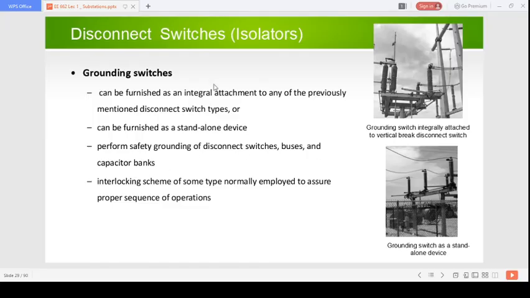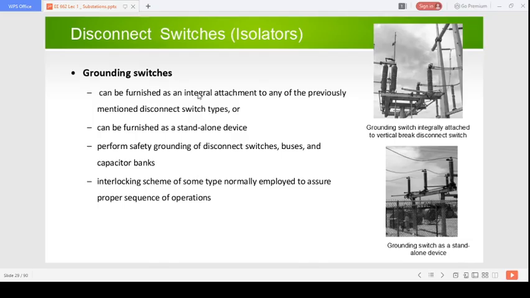So these grounding switches are basically to ground these disconnect switches or bus bars or any capacitor banks when required for maintenance. And as we discussed earlier, interlocking mechanisms are normally employed to assure the proper sequence of operation.